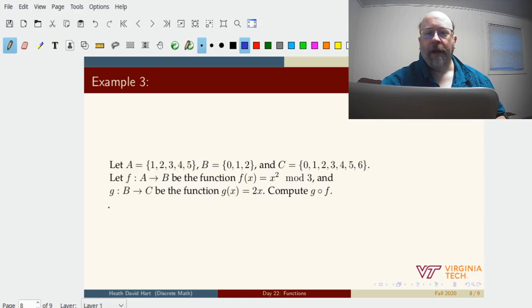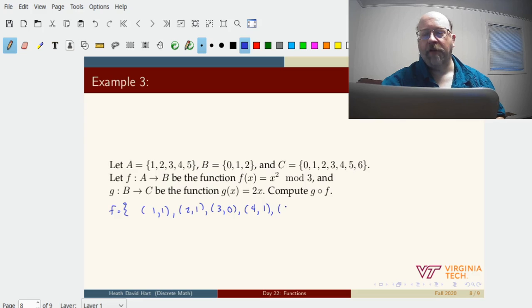So F is a set. 1 goes to 1 squared, which is still 1. 2 goes to 2 squared, which is 4, but 4 mod 3 is 1. 3 squared is 9, mod 3 is 0. 4 goes to 16, but 16 mod 3 is 1.